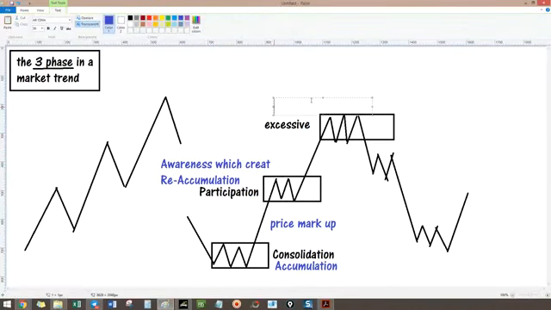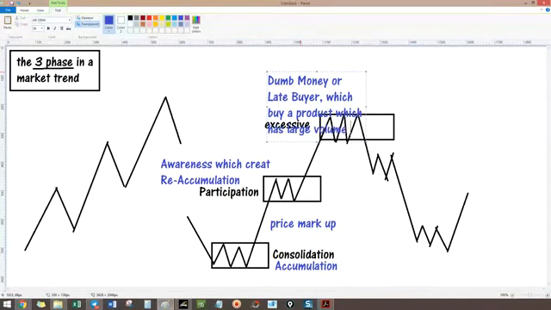And over here is dumb money or late buyers, who buy expensive, who buy a product which has large volume at a high price.